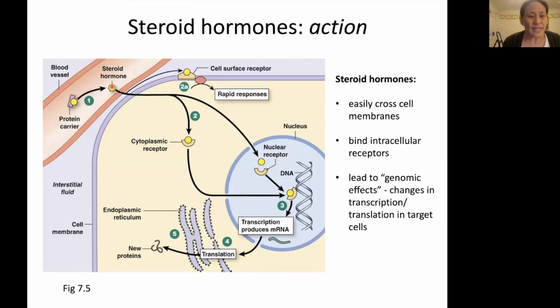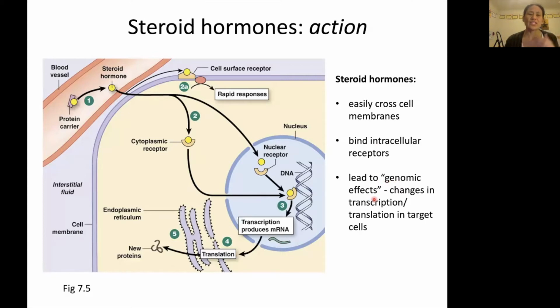So generally, steroid hormones will just diffuse across the plasma membrane of its target cell, and then it will bind to a receptor inside the cell, an intracellular receptor. From there, it can lead to what we call genomic effects.